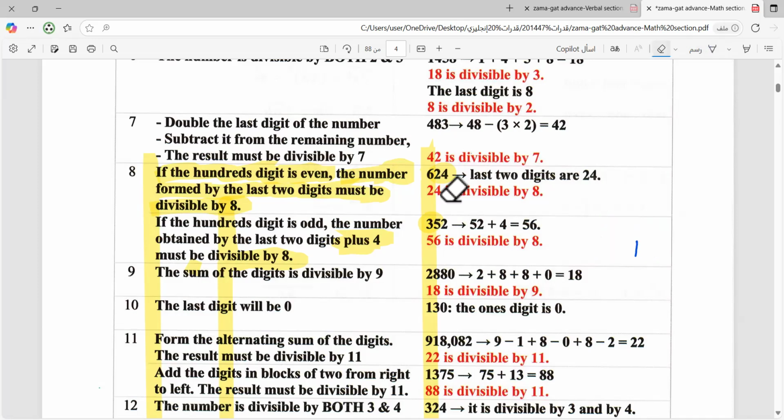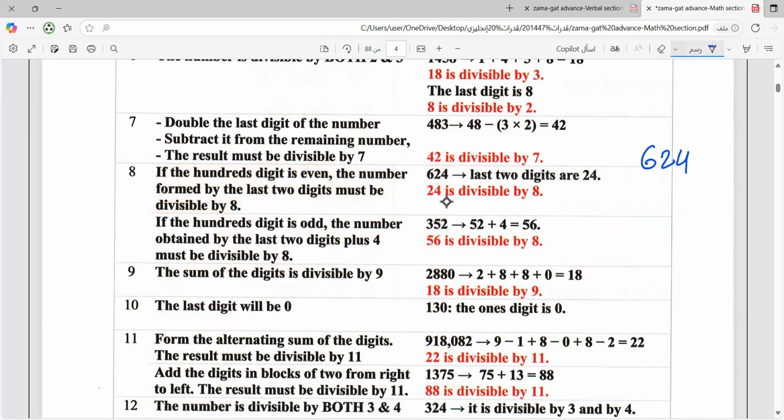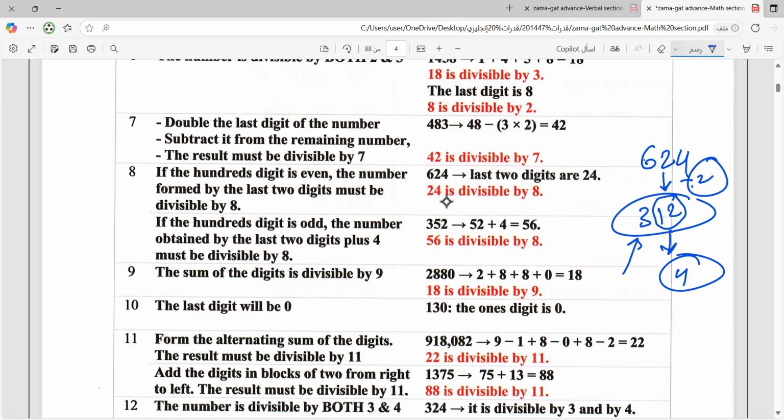Take 6, 2, 6, 4: divide by 2 and the result is 3, 1, 3, 2. Is it divisible by 4? Yes. So the first step is divisible by 2, the second step is divisible by 4, so it's divisible by 8.